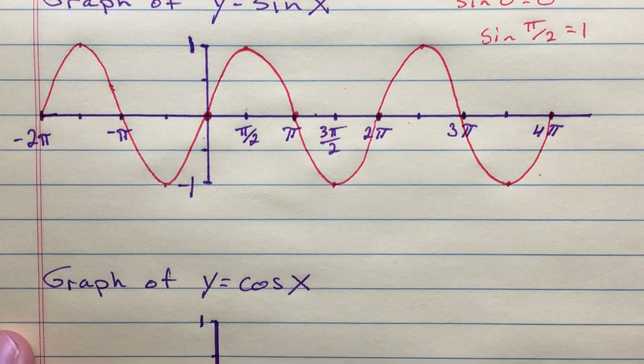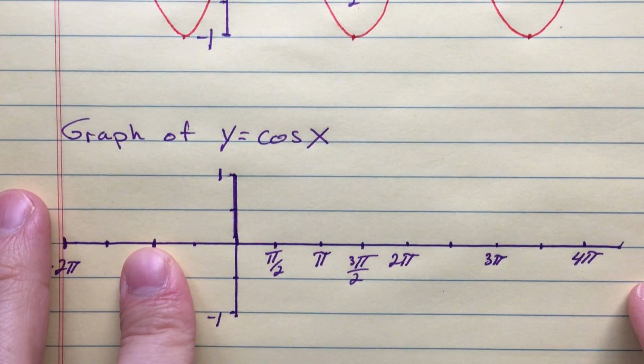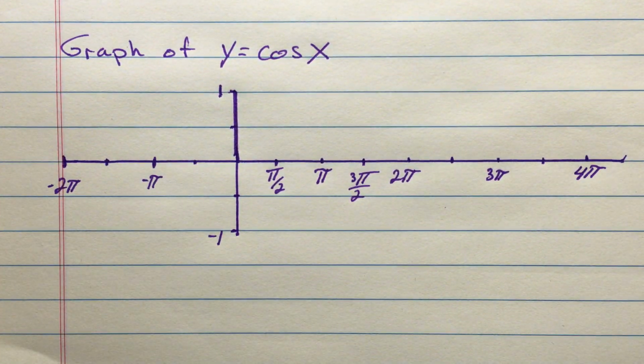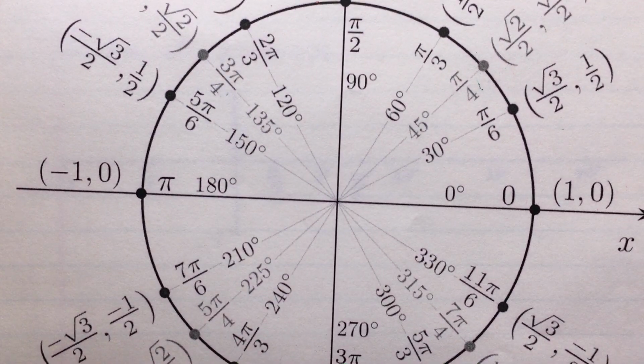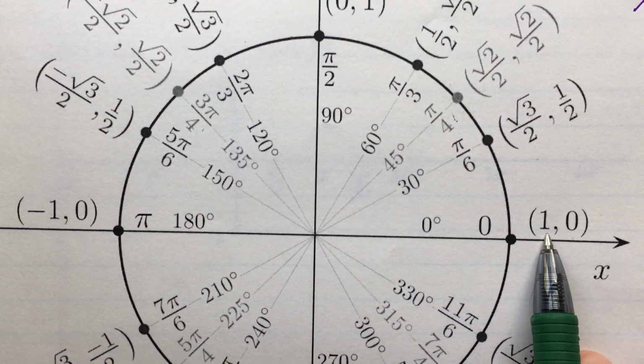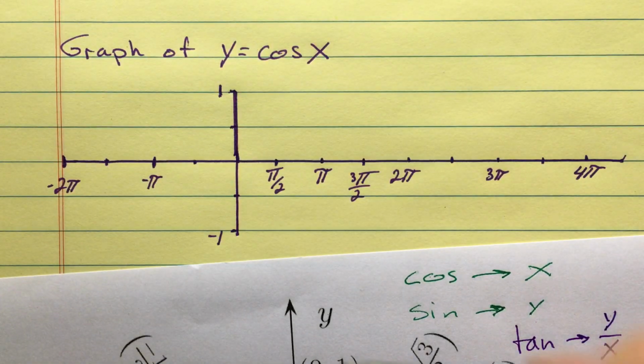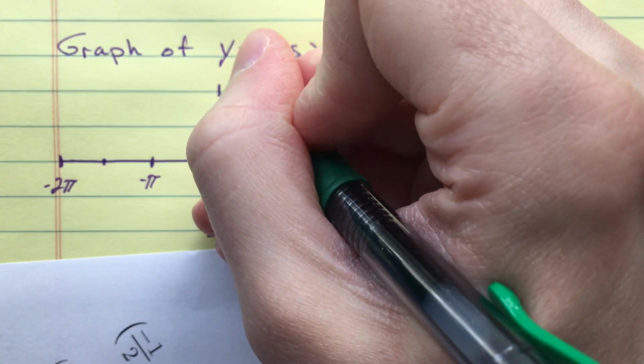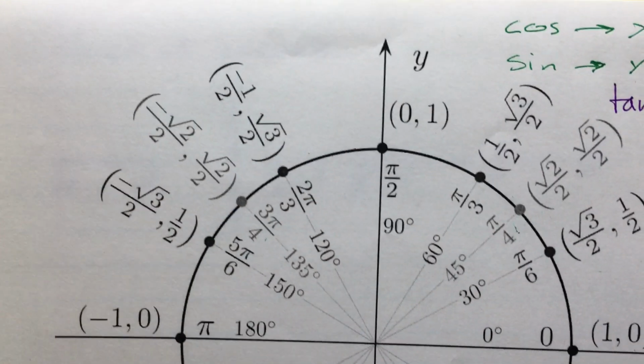So now let's look at cosine. And with cosine on the unit circle, we are talking about the x values. So let's take a peek at our unit circle. X values, let's start at 0. X value is 1. So with cosine, you're starting at 1. Not at the origin, but at 0, 1. That's your first point.